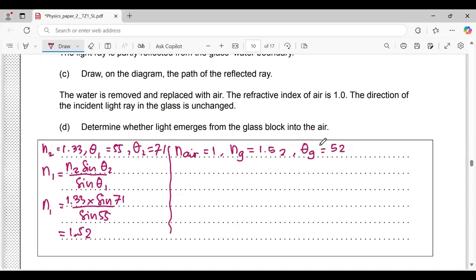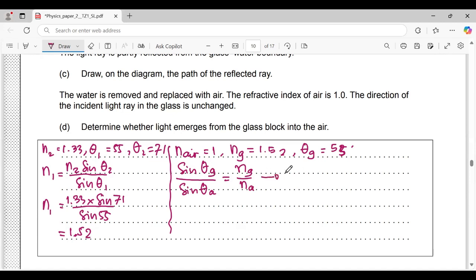Okay. So using Snell's law again, sine theta glass over sine theta air equals n glass over n air.